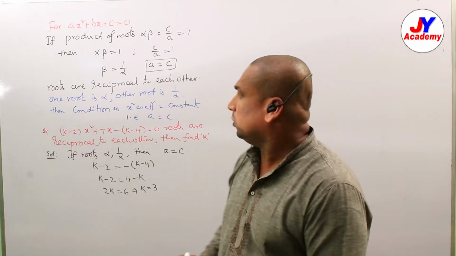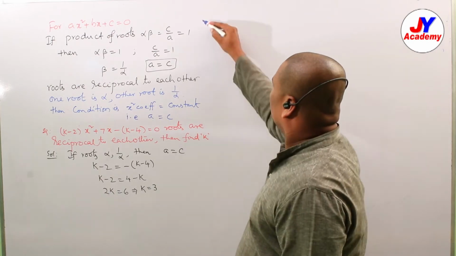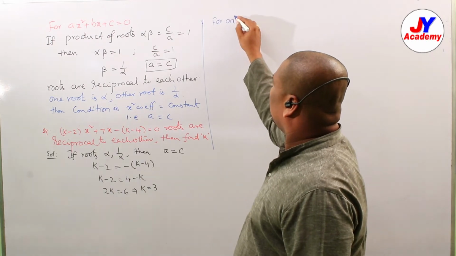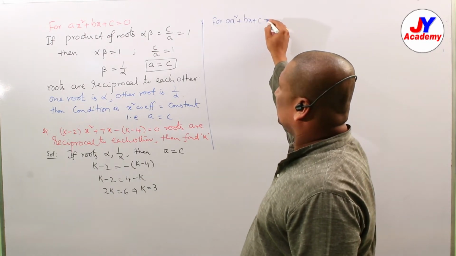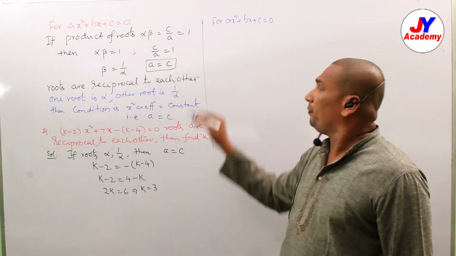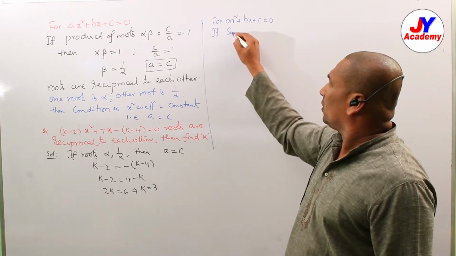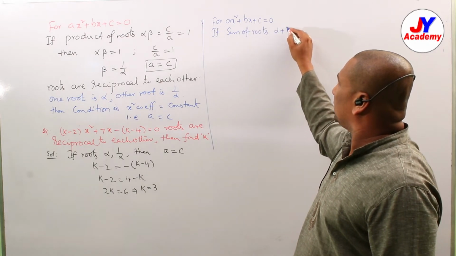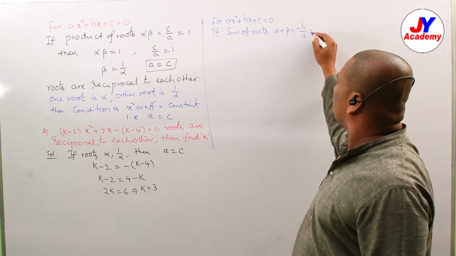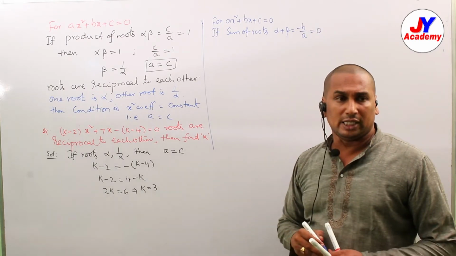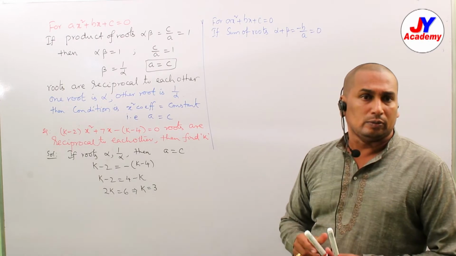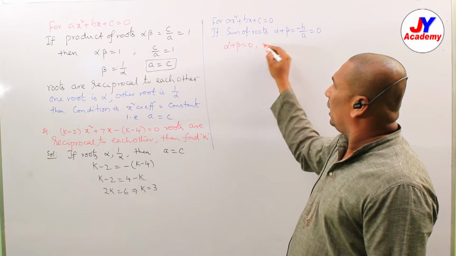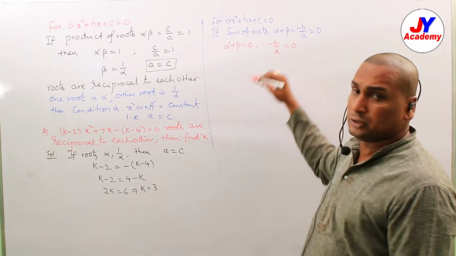Okay. Now let us see. For ax square plus bx plus c equal to 0, if the sum of roots alpha plus beta is equal to minus b by a equal to 0, so alpha plus beta equal to 0 and minus b by a equal to 0.